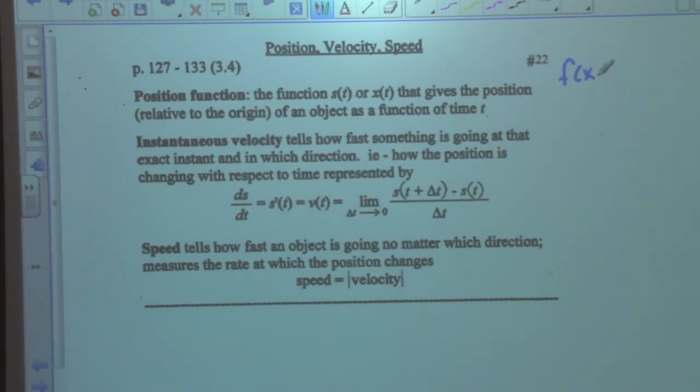A position equation can be written like f of x, and velocity relative to position is going to be f prime of x. Later on there's also a second derivative of position, which is called acceleration, and acceleration is going to be like f double prime of x.